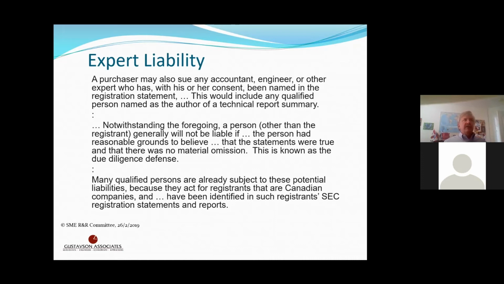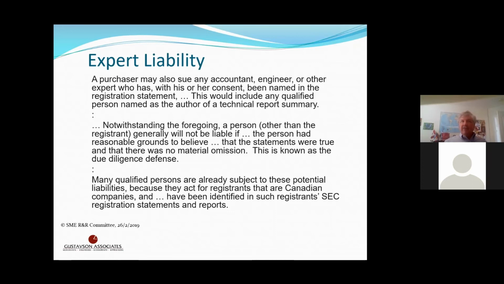However, notwithstanding the foregoing, a person generally will not be held liable if the person had reasonable grounds to believe that the statements were true and there was no material omission, the due diligence defense. And their last comment was, many qualified persons are already subject to these personal liabilities because they act for registrants that are Canadian companies, and so they have been personally identified in such registrants' SEC statements.